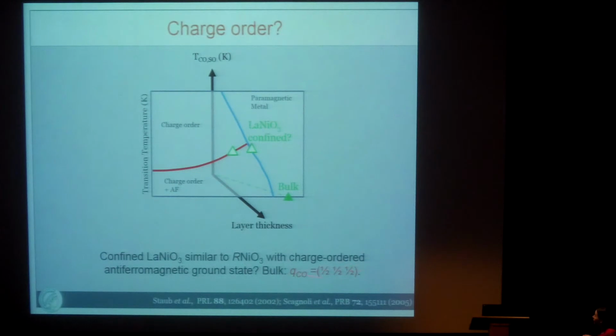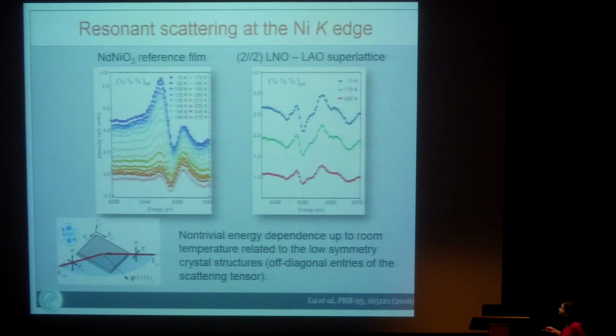Unfortunately, you cannot reach these Q vectors at energies in the soft X-ray range, so you cannot perform these experiments at the nickel L edge, but you can go to the K edge, and that was also done with this neodymium. We also measured a neodymium reference film and the 2-unit cell lanthanum nickelate aluminate superlattice.